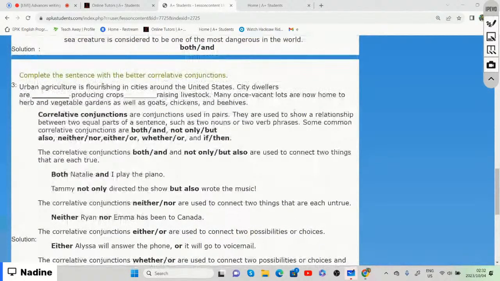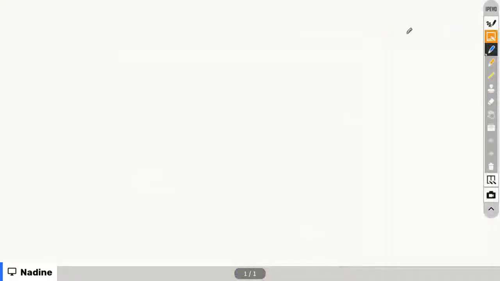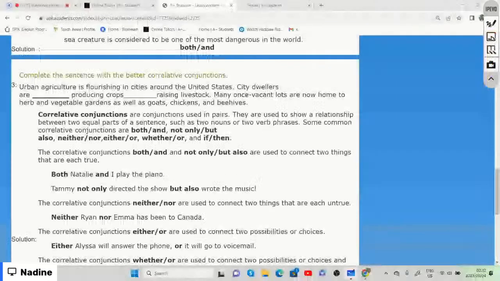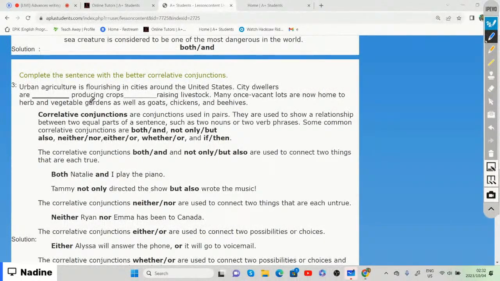All right, so we say urban agriculture is flourishing in cities around the United States. City dwellers are, we can say, not only producing crops, but also raising livestock.